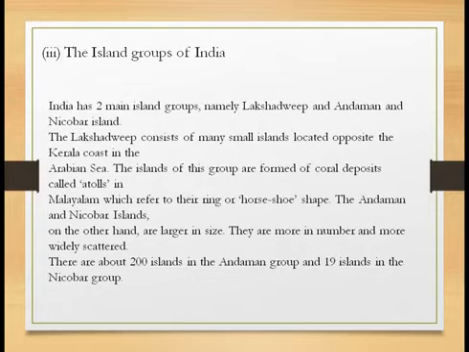The island groups are formed by coral deposits called atolls, which in Malayalam refer to their ring and horseshoe shape. On the other hand, Lakshadweep is in the Arabian Sea, and Andaman and Nicobar is in the Bay of Bengal. In Andaman and Nicobar we have more than 200 islands in the Andaman group and 19 islands in the Nicobar group.